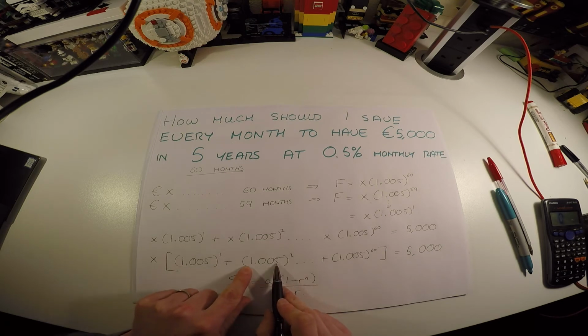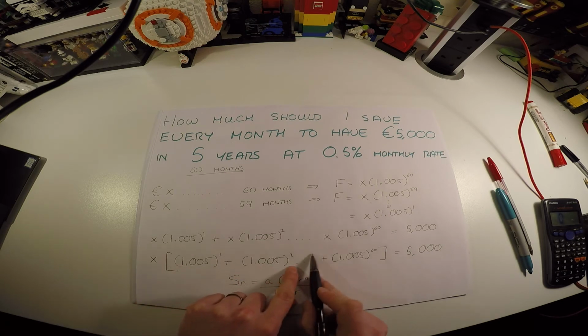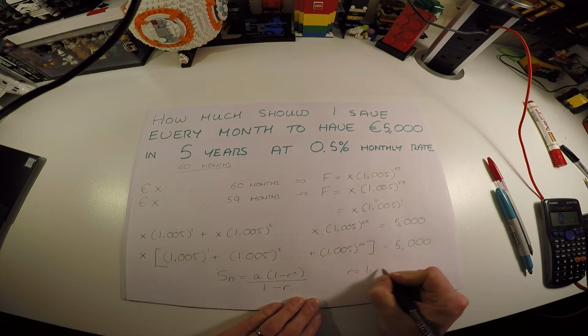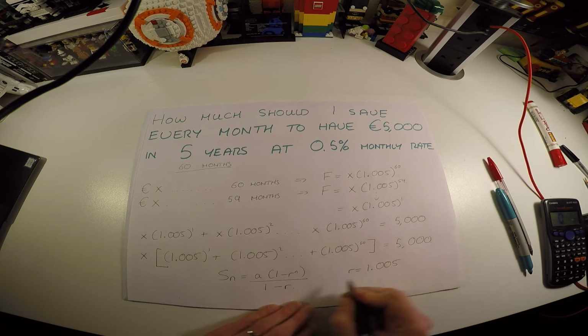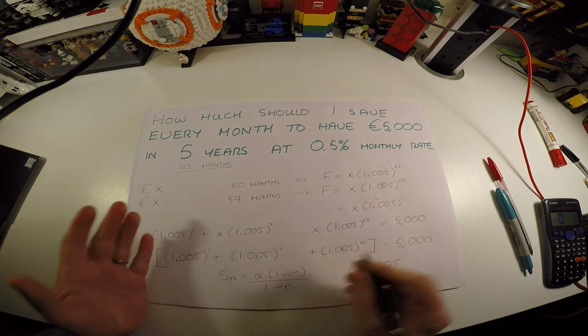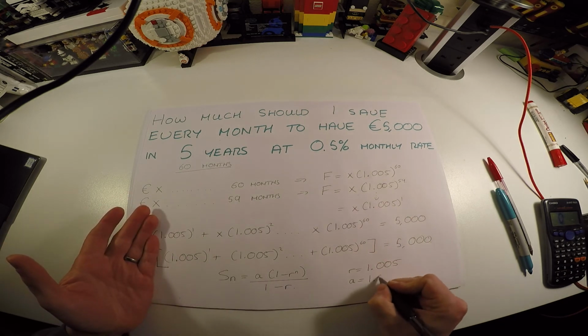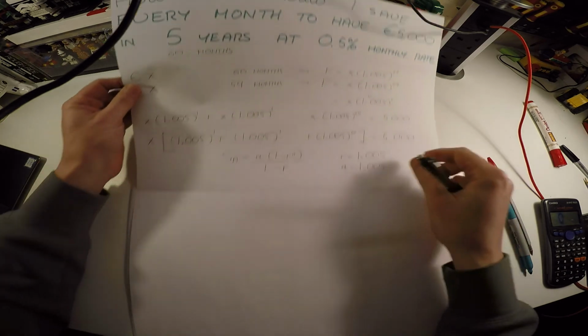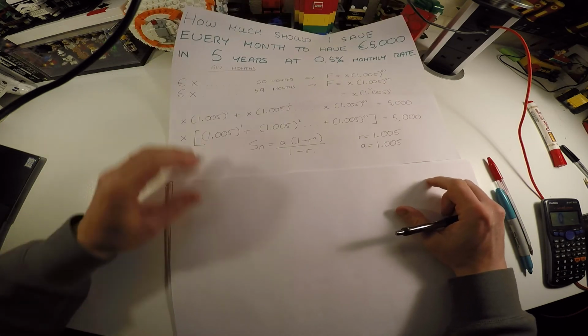You'd multiply this by 1.005 to get 1.005 cubed, and so on. So the ratio is pretty simple. It is 1.005. We're just dealing with what's in these square brackets as our sequence. And actually, the first term in it is also 1.005.